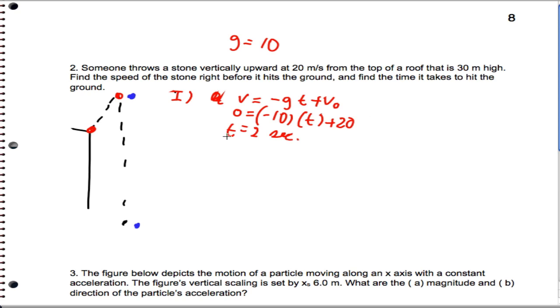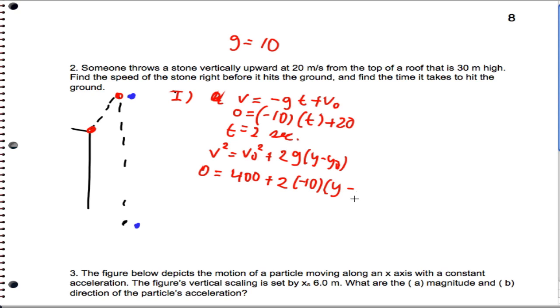Okay. Now let's actually get what that height is. So the height is going to be v squared equals v naught squared plus 2 times g times y minus y naught. And that's going to be 0 equals 20 squared, which is 400, so you got to keep an eye out for that, plus 2 times negative 10 times y minus, let's get that final height it goes to.